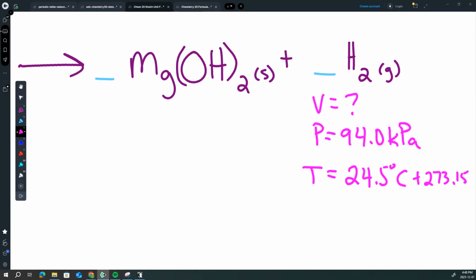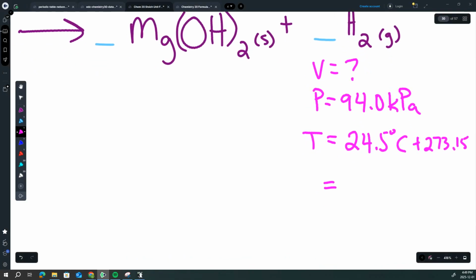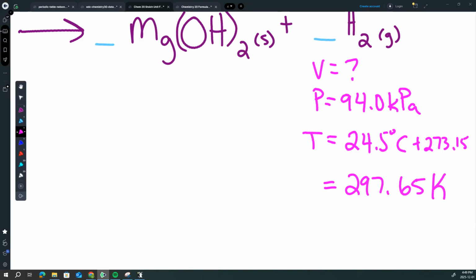When converting from degrees Celsius to Kelvin, you add 273.15, whereas going from Kelvin to degrees Celsius, you subtract 273.15. How I always remember that is Kelvin is always going to be the higher number compared to degrees Celsius. All right, so 24.5 plus 273.15 gives us 297.65 Kelvin.